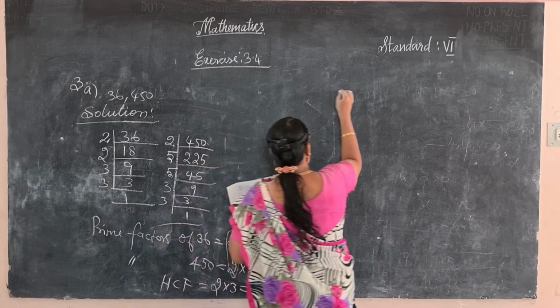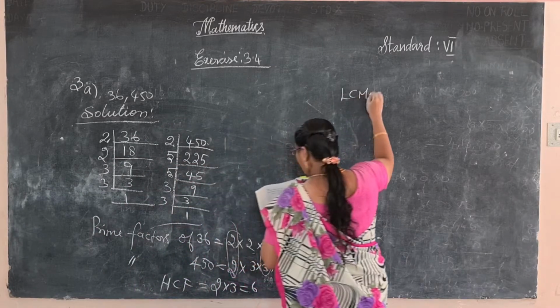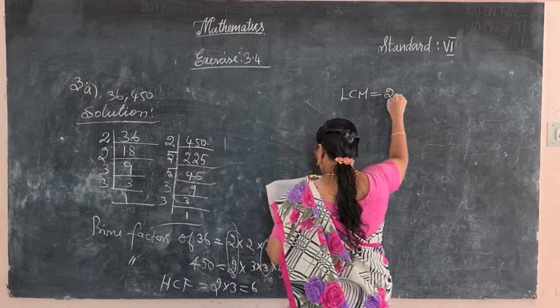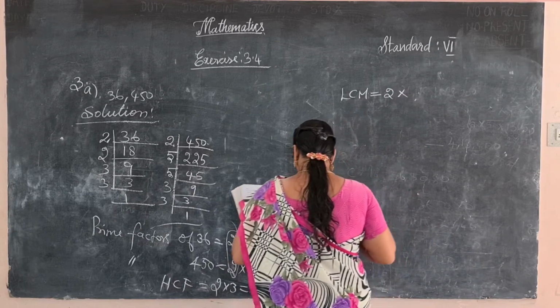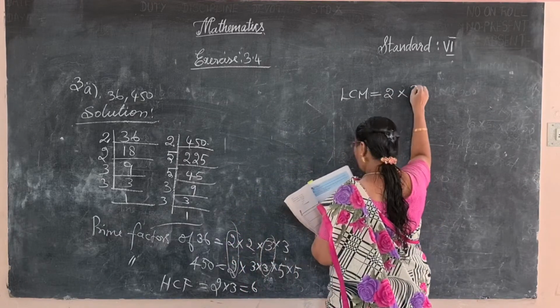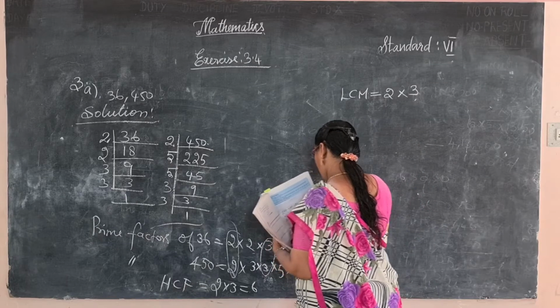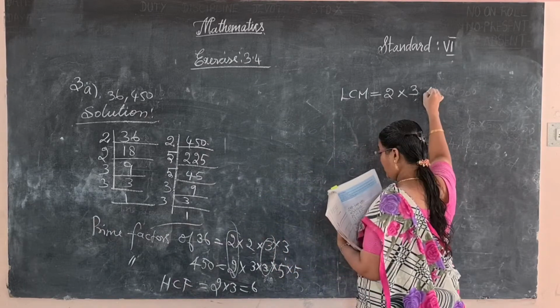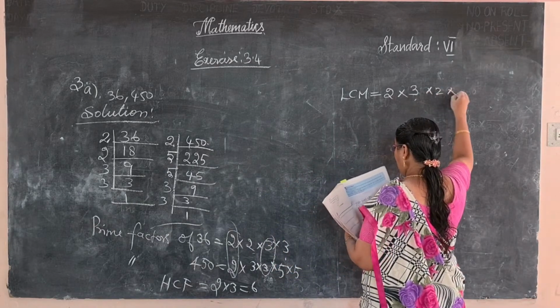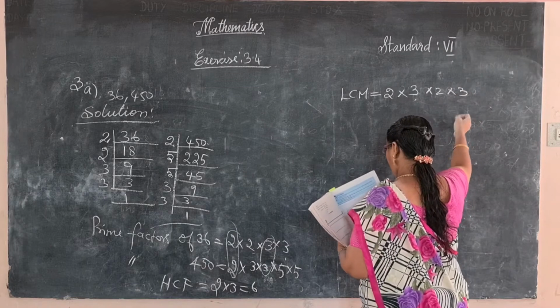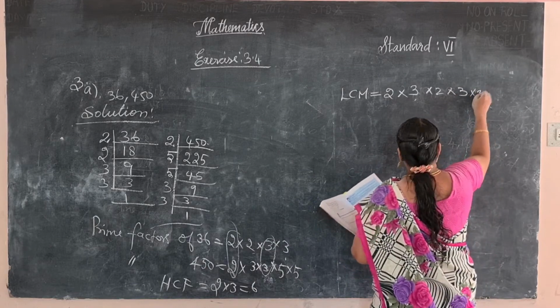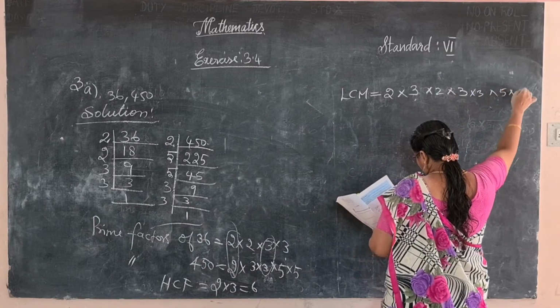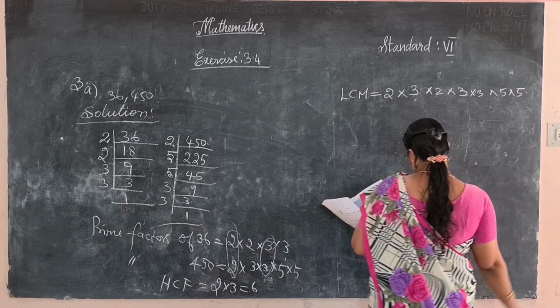And the LCM: 2 into 3, and the remaining numbers 2 into 3 into 5 into 5.